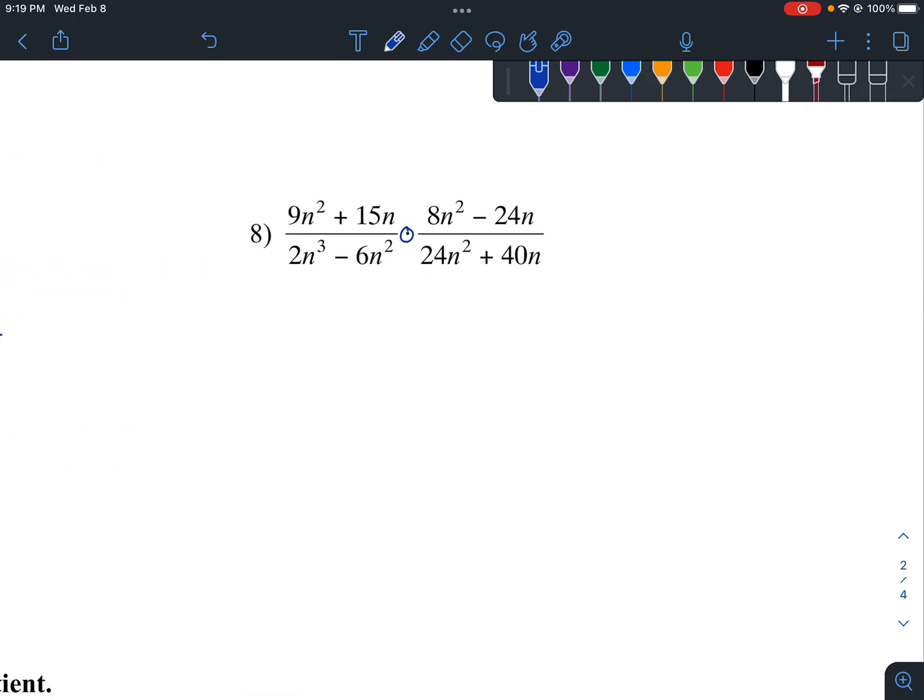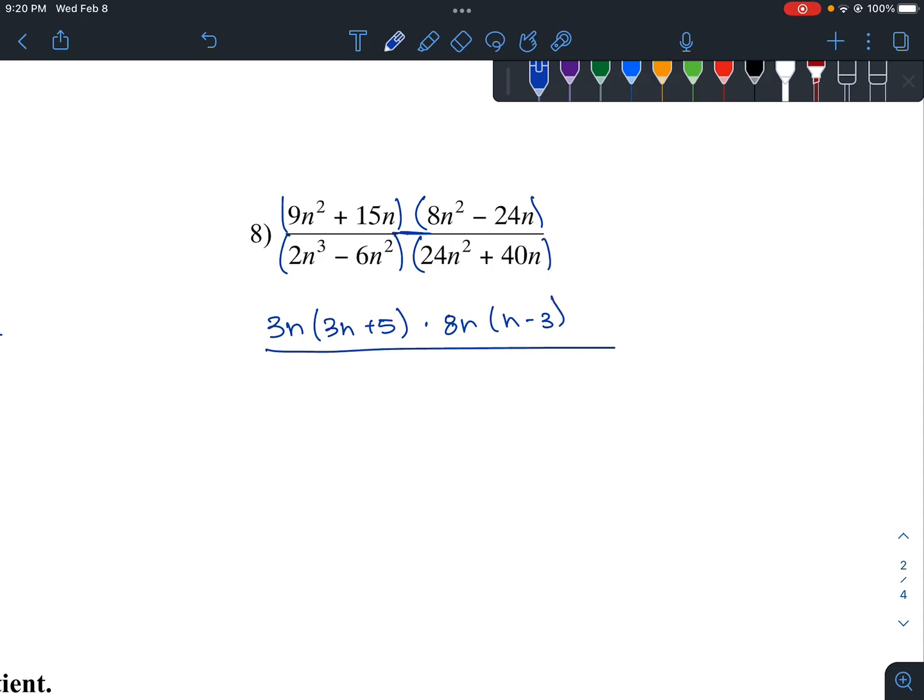Alright, same thing here. It's already being multiplied, so then I'm thinking that I'm just going to combine it as 1. I'm going to factor these right here. So greatest common factor there is 3n. So I'm going to take out a 3n, and I'm going to be left with 3n plus 5. And then here I can take out an 8n, and then I would have n minus 3, I believe.